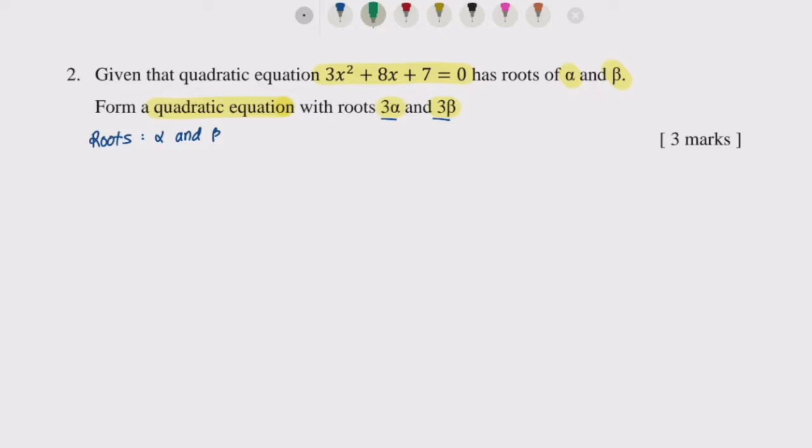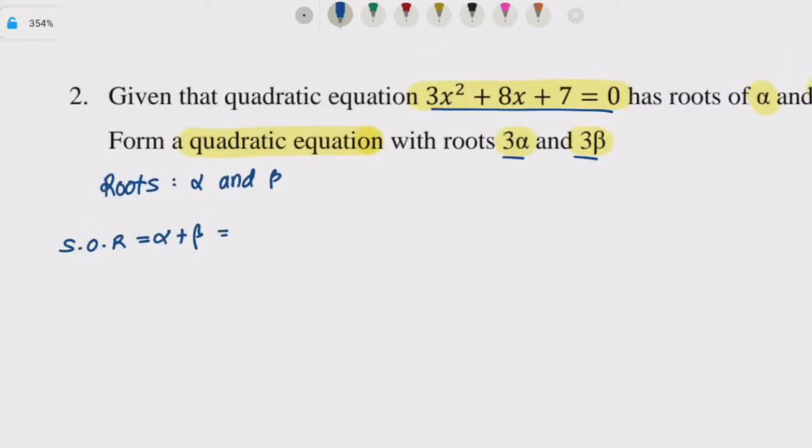It does not directly tell you what alpha and beta are. So we need to extract something from the old quadratic equation. Usually we don't say old, we just say sum of roots. The sum of roots is alpha plus beta, which is also equal to negative b over a.